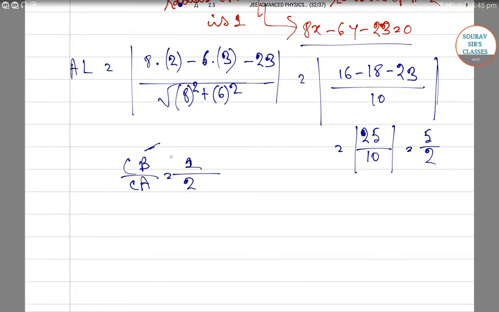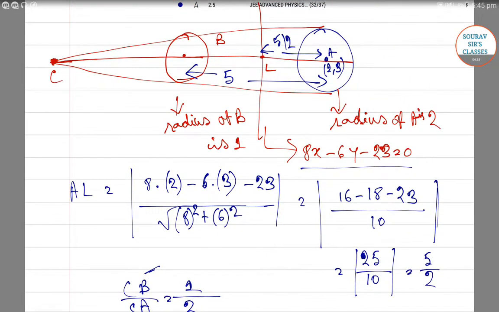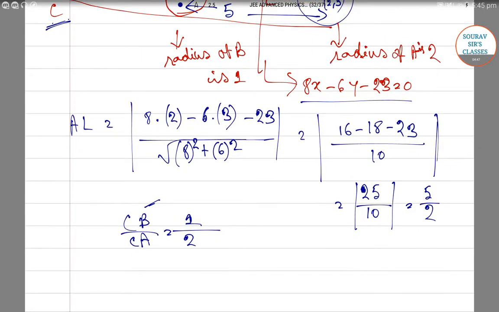Here CB equals CA minus 5, so CA minus 5 equals CB, and CB divided by CA equals half.